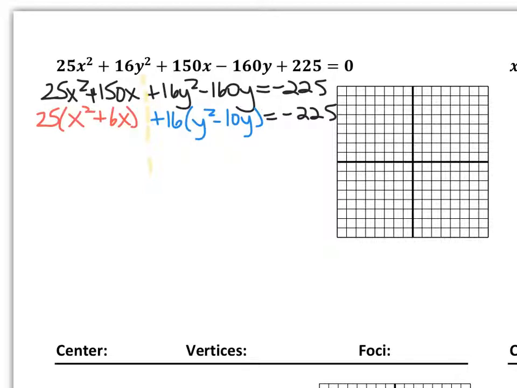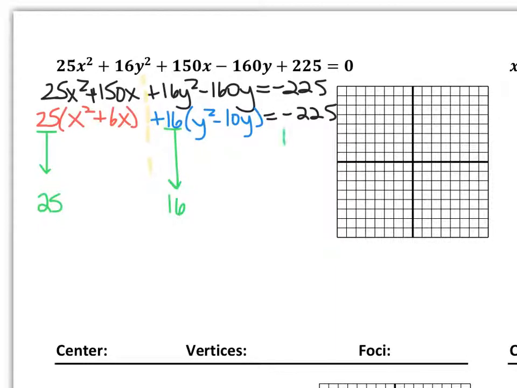Okay, and now I'm going to complete the square with this. How do we do that? So first of all, I'm going to go ahead and set up some things. I'm going to bring down this 25, bring down the 16, and then since I have a number in front of these parentheses, I'm not just going to add what's in the corner of my box.